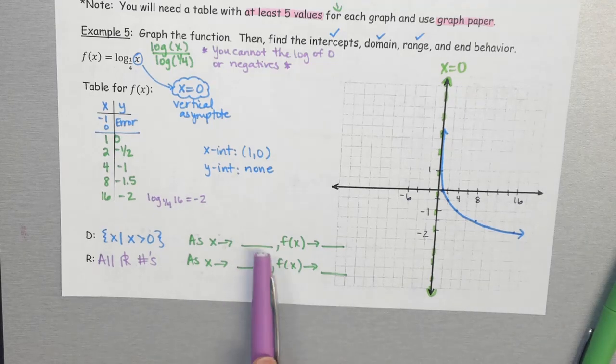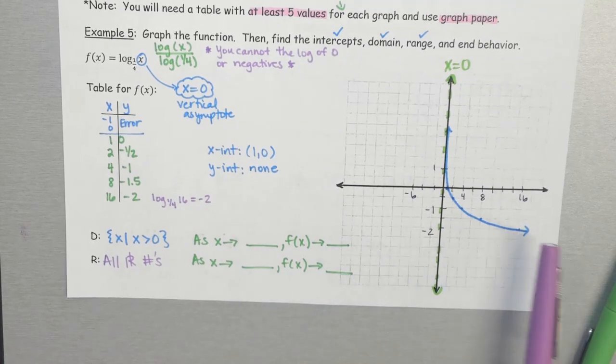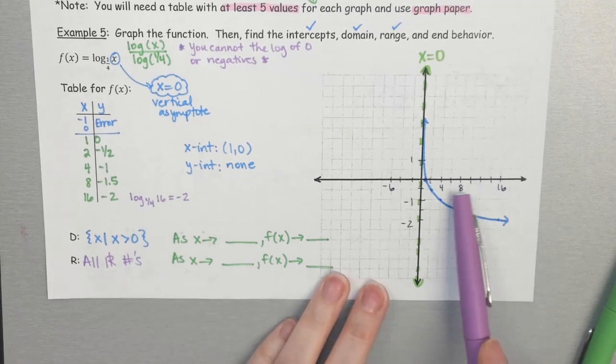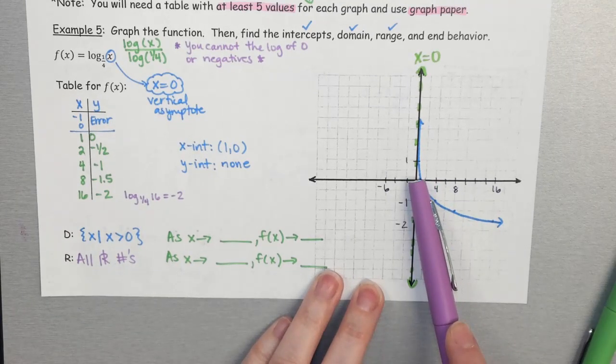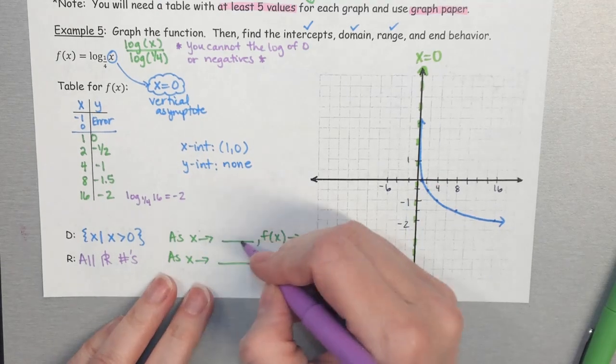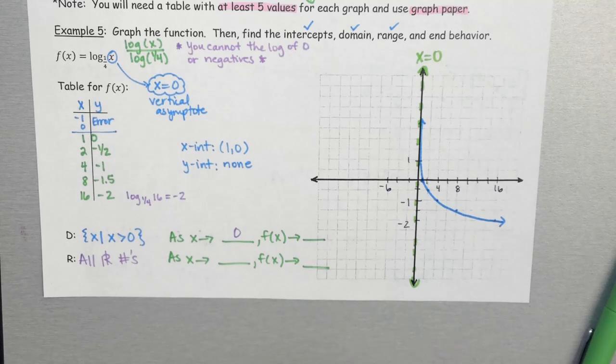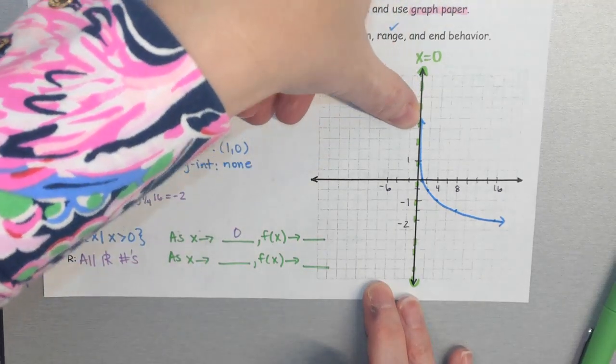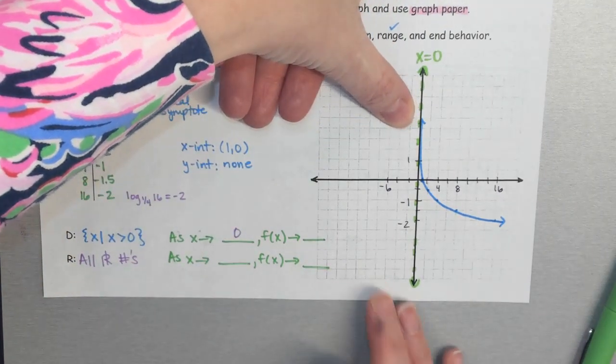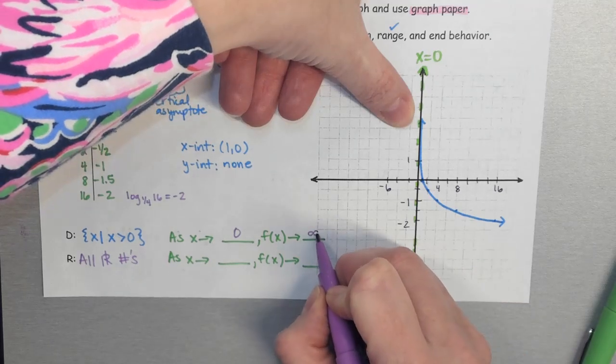Normally, the left side of the graph is negative infinity, but that's a problem here because this side of the graph is not going to negative infinity. It's getting closer and closer to what? 0. So this is as x goes to 0, the end is approaching. So where's the end going? To infinity. Great.